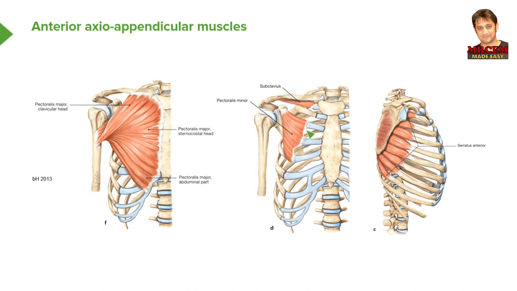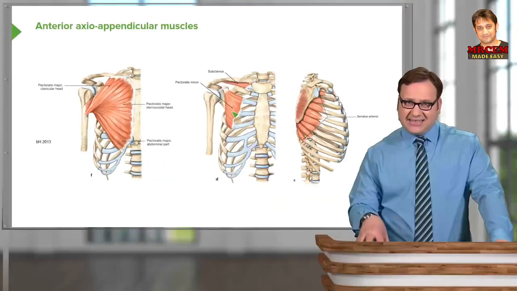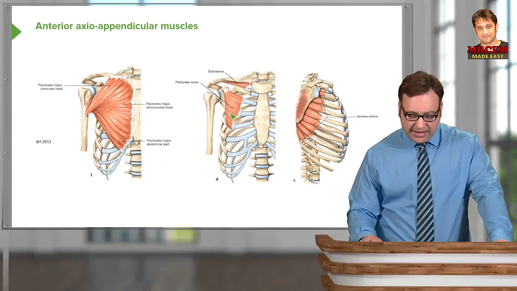Coming from ribs 2, 3 and 4, we have Pectoralis Minor running up to the coracoid process of the scapula. So here it's now important to remember those bony features I was talking about in the first lecture. We can see Pectoralis Minor running up towards the coracoid process, and that lies deep to Pectoralis Major.